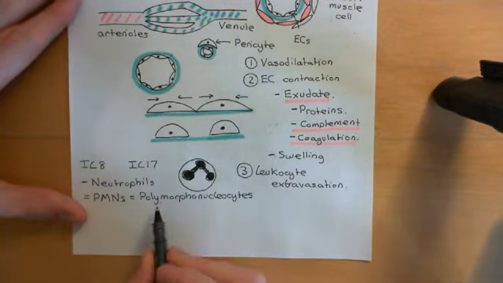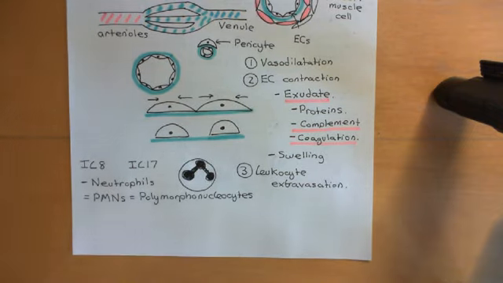So because the nucleus has so many different shapes, that's why they're called poly, many, morpho, shape, nucleocyte, nuclear cell. So they're cells with many different shapes for their nucleus.